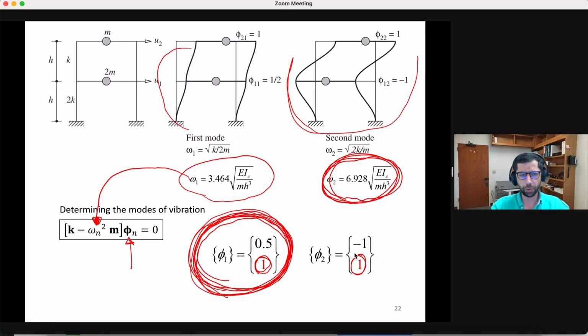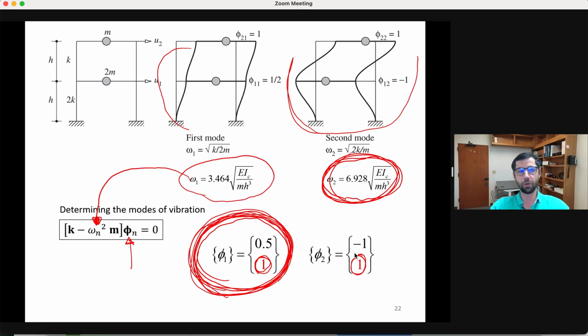Okay, so we were able to obtain the first mode of vibration and the second mode of vibration. So again, what is a mode of vibration? A mode of vibration is a special deformed shape of the structure. And if I deform my structure according to this mode of vibration, well, the shape of the motion will remain over time. The motion is going to be harmonic.